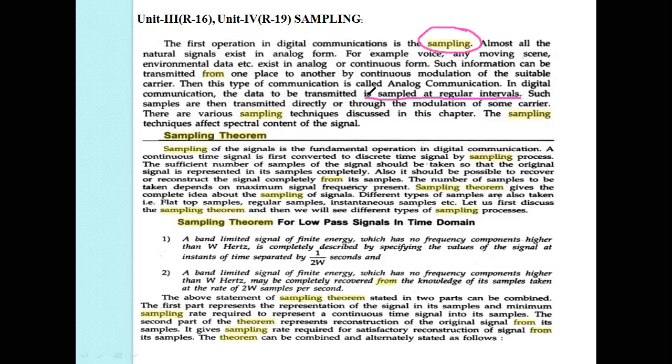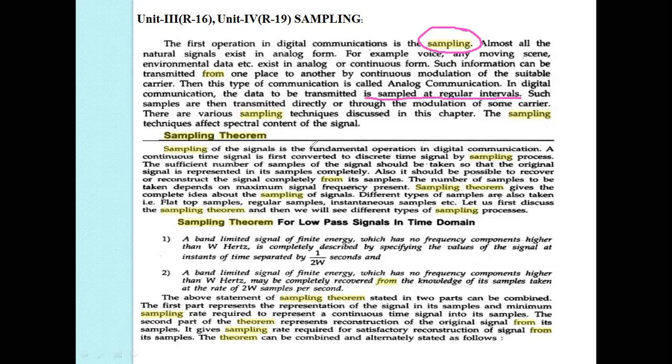So daily we are seeing that natural signals exist in the analog form. Those are voice, moving scene, environmental data, and all, in the continuous form. They are transmitted from one place to another by continuous modulation of a suitable carrier, and this type of communication is called analog communication.